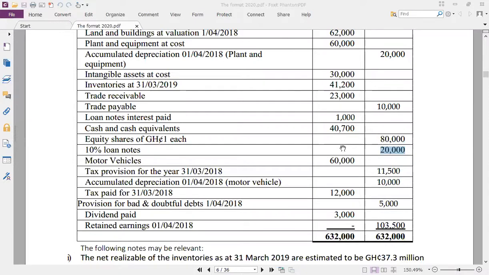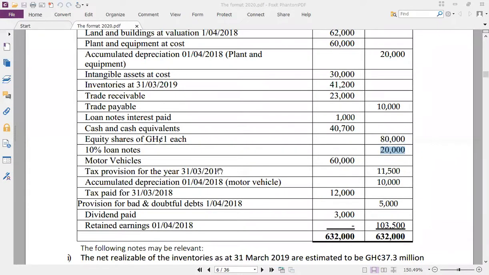Now, equity shares of 1 Ghana cedi each. Where will it go? Equity shares are the same as ordinary shares, so they go under equity. The next item is the 10% loan note, which we'll talk about.